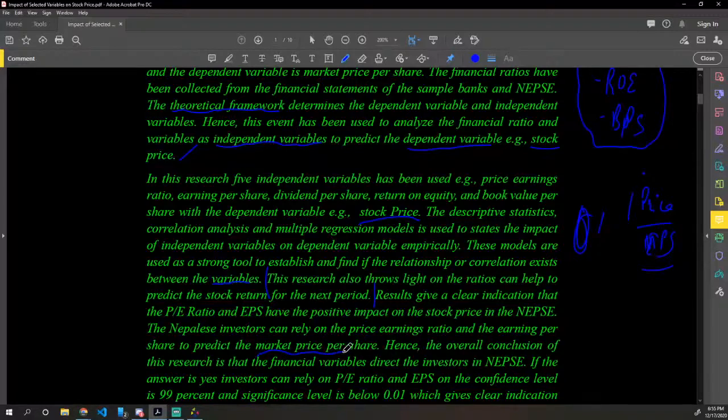Okay, let's see it in data. Hence, the overall conclusion of this research is that financial variables direct the investors.